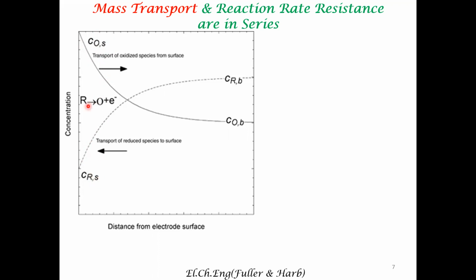So the concentration of the oxidized species is greater near the electrode surface, because of which there is transport of the oxidized species from this regime closer to the electrode surface to the bulk of the system.